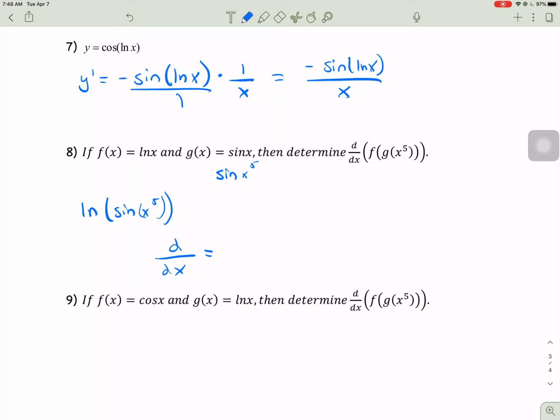Well, let's see. It's going to be ln, derivative of ln is 1 over sine x to the 5th times the derivative of the bottom. Remember, it's 1 over u times u prime. So 1 over sine x to the 5th times the derivative of sine x to the 5th. What's the derivative of sine x to the 5th? Well, derivative of sine is cosine x to the 5th times the derivative of the inside, 5x to the 4th.